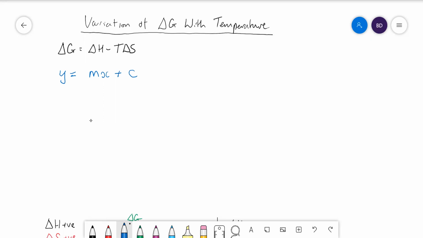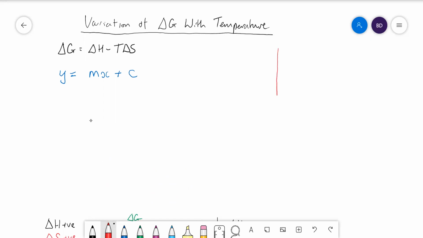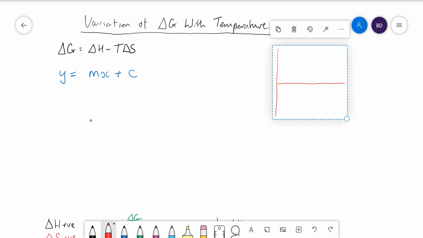So what we're going to do here is plot a graph, with delta G on the y-axis, and the absolute temperature on the x-axis. And you notice I'm not going into the negative bit because you can't have negative absolute temperatures.